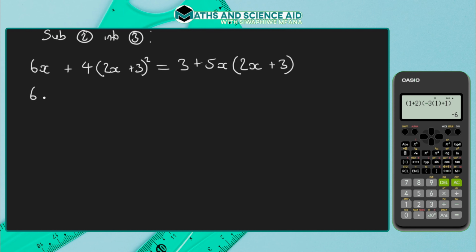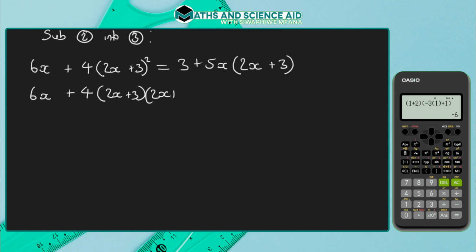So we are going to take down the 6x as it is. And then here we have got this bracket that is squared. So to simplify this, we need to take down the 4 and then start with this bracket. So if you like, you may just write this as 2x plus 3 into 2x plus 3, and then expand, because that's what the square here means.